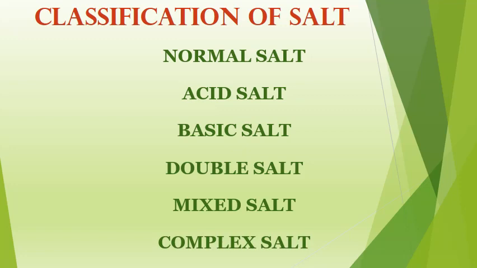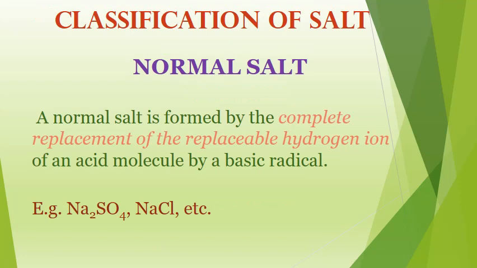So there are 6 types of salts. Out of these, in the ICSE syllabus, only normal salt, acid salt and basic salt are there. The other 3, double salt, mixed salt and complex salt, are not in the syllabus. So we will now study these 3 types of salts in more detail.